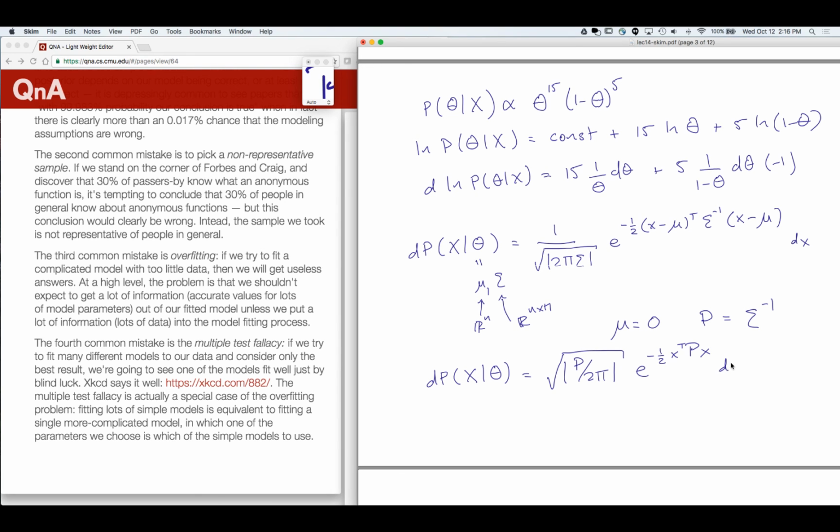Again, dx. All right? So, what I'm going to ask you to do is suppose that you've observed a sample x1 through xn with xi distributed according to that distribution, IID, of course. Can you figure out the maximum likelihood estimate of P given that sample?